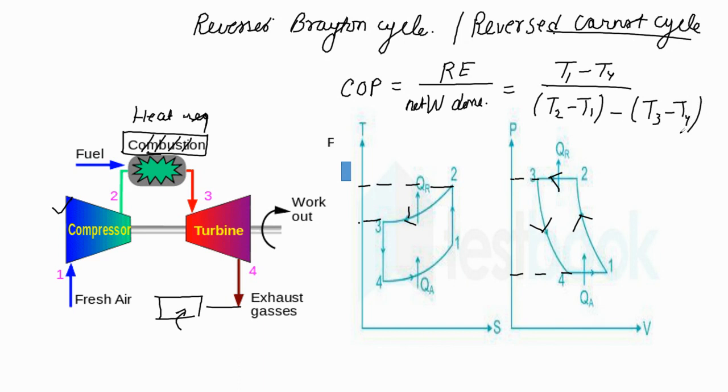This is how you can write the COP for this system. You can modify this also, but for today I think you can keep it up to this only. Okay, thank you.